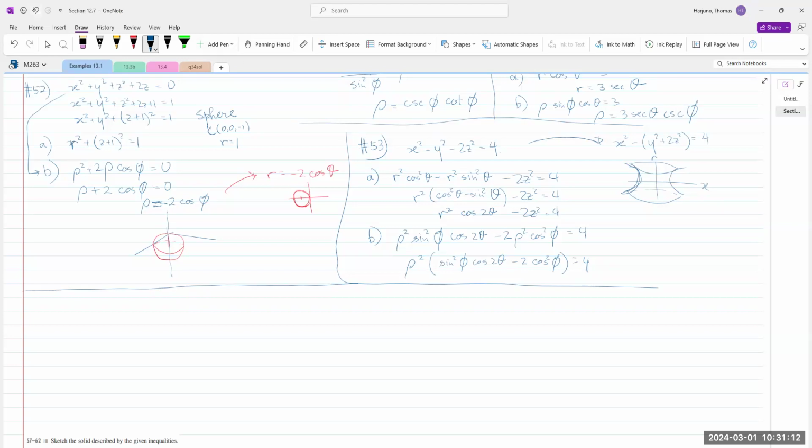That was right. Yeah, that was right. In 3 dimensions, it looks like, yeah, a hyperboloid of two sheets, and you have one more back there.